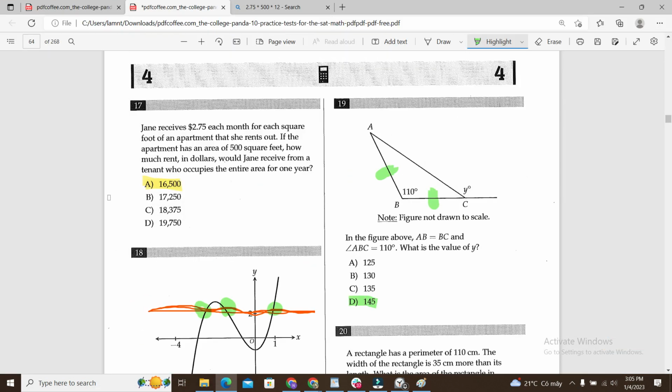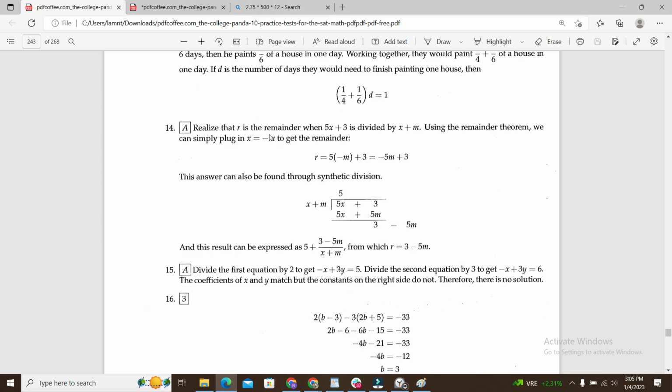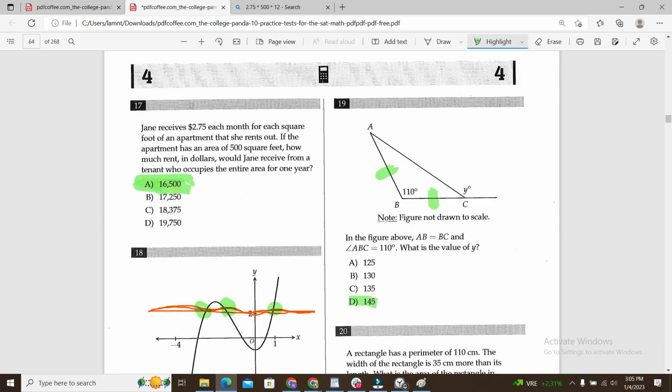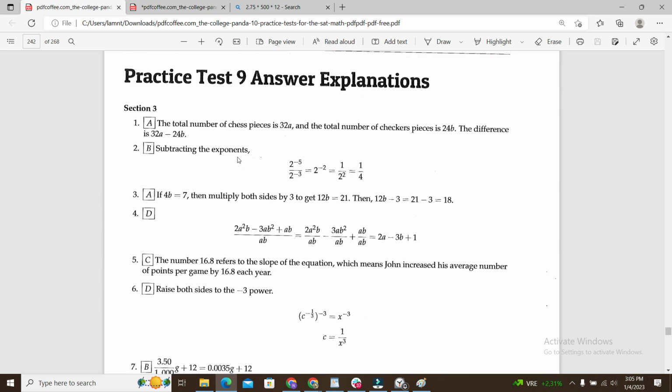So 17 is 16,500. Okay, let's see. This is section 4.